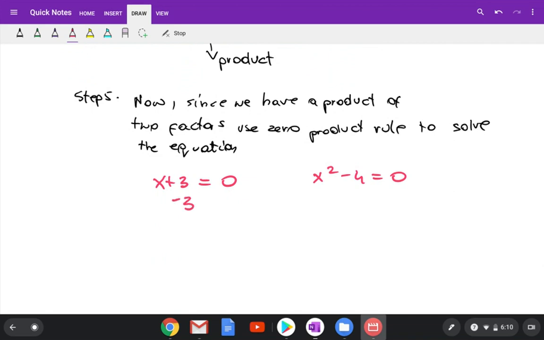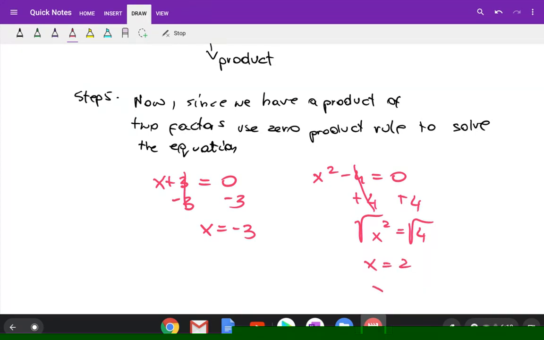So subtract 3 from both sides, we're getting x equal negative 3. Here, again, isolate. You don't have that bx, so it's a quadratic equation, so just isolate x squared by adding 4 to both sides. That will give you x squared equals 4, and take the square root of both sides. So that will give you x equal 2 and x equal negative 2.